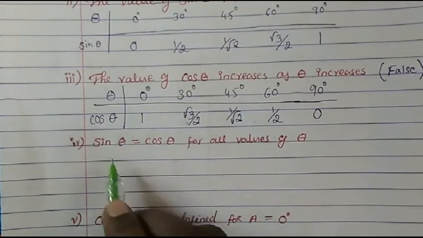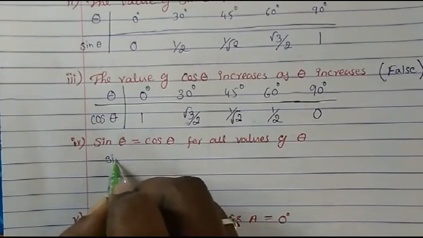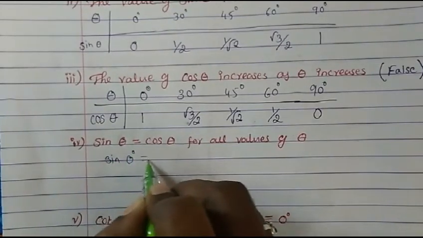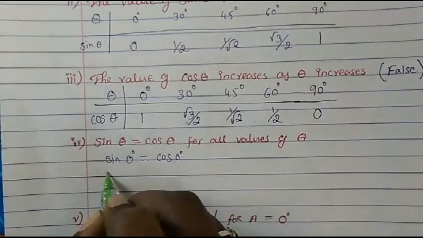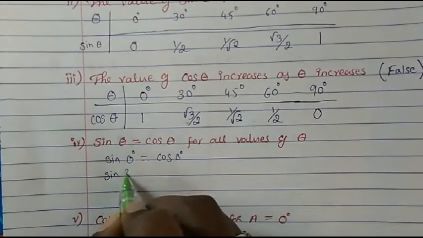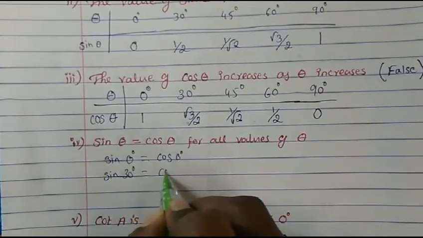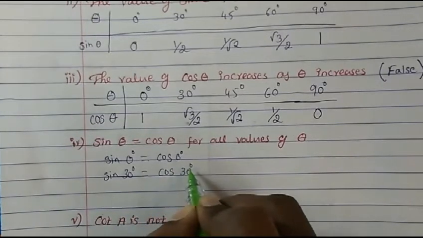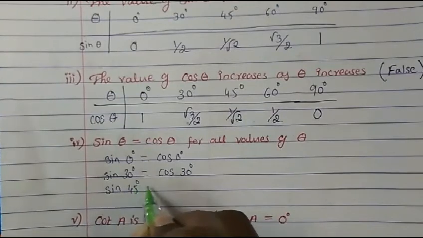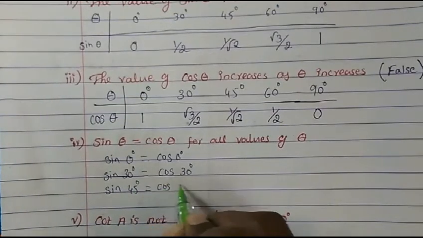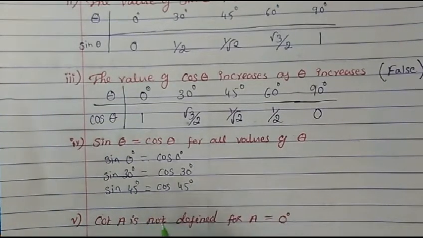That means, is sine 0 degree equal to cos 0 degree? Then is sine 30 degree equal to cos 30 degree? Then is sine 45 degree equal to cos 45 degree? So let's check.